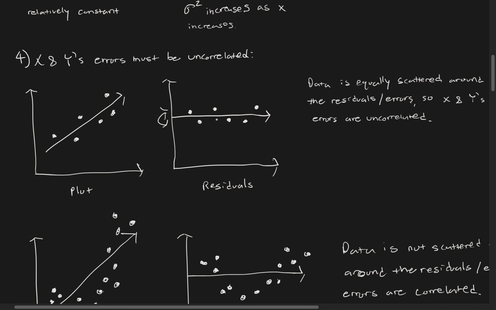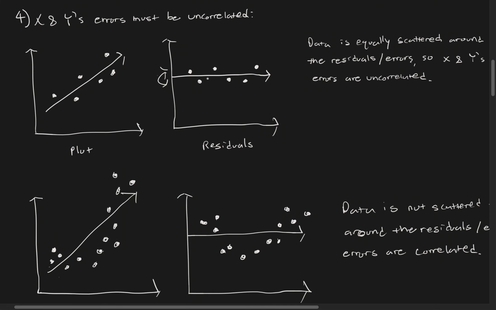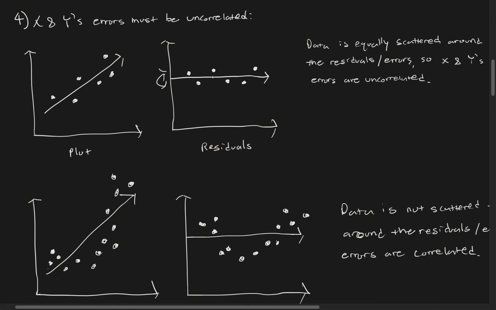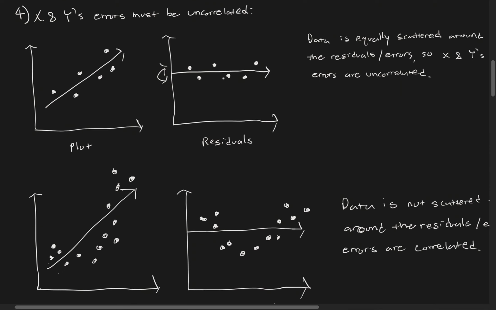And we draw a horizontal line because it's easier to see it that way. Notice how the data is equally scattered around our horizontal line. If that's what we determine, then we can say that the x and y's errors are uncorrelated.